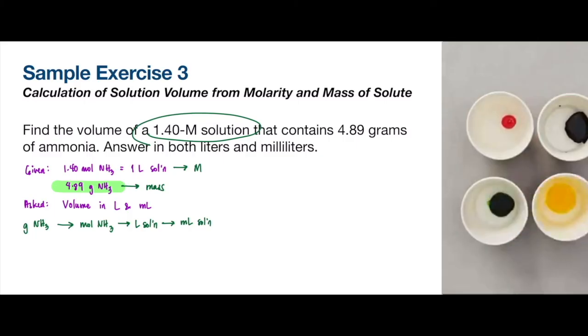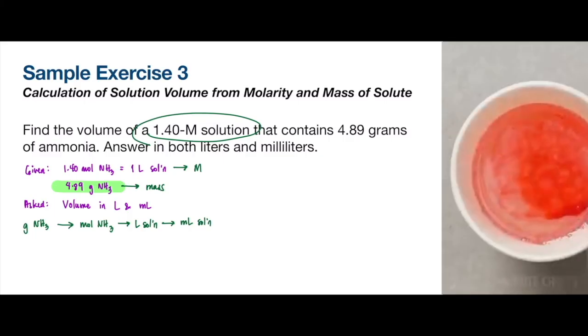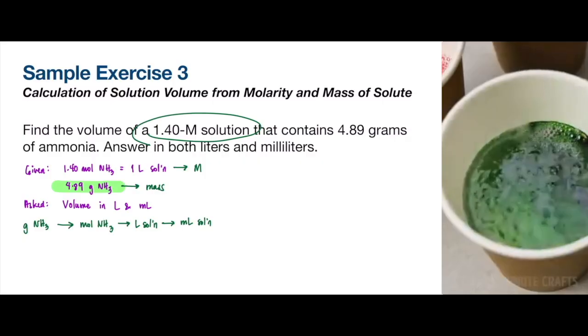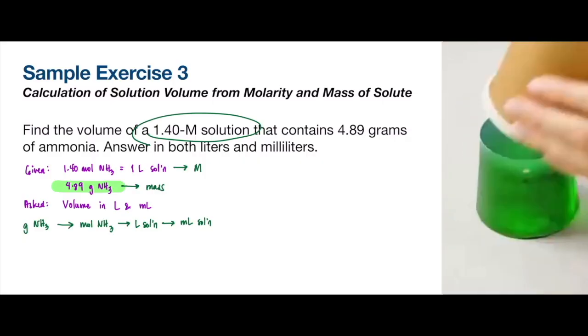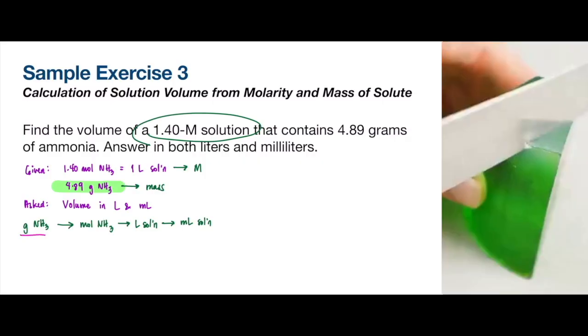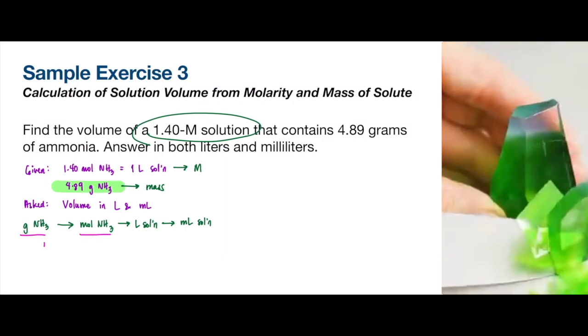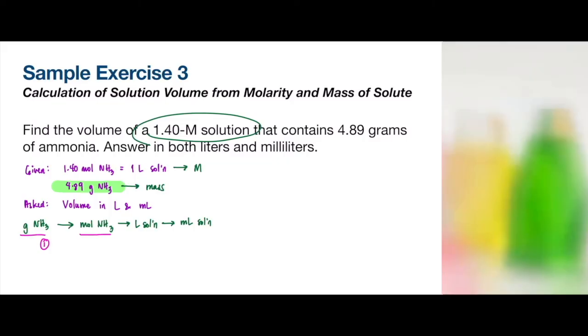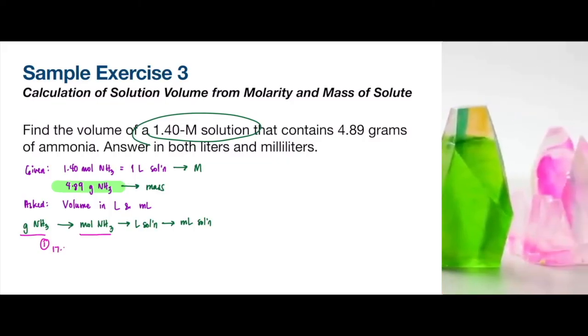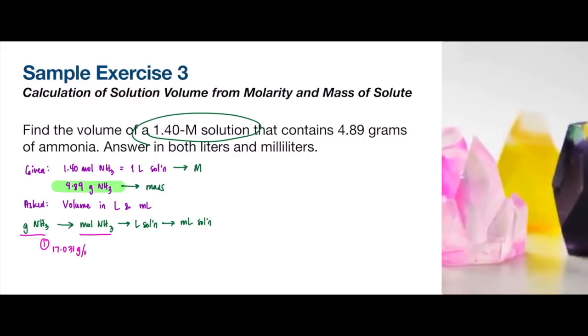Now that we have the strategy, let's identify our conversion factors that will be used. For us to convert from grams of ammonia to moles of ammonia, the conversion factor will be the molar mass of ammonia, which is 17.031 grams per mole.